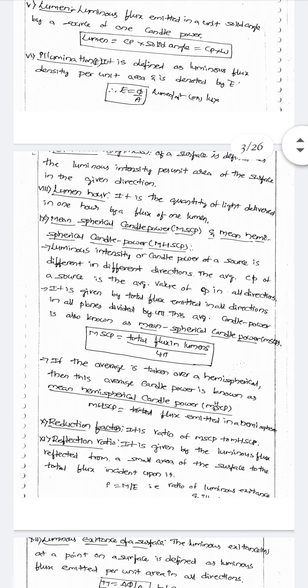Next definition, MSCP, mean spherical candle power, and MHSCP, mean hemispherical candle power. First one, mean spherical candle power.